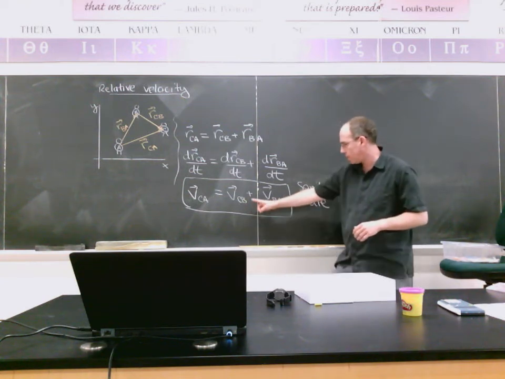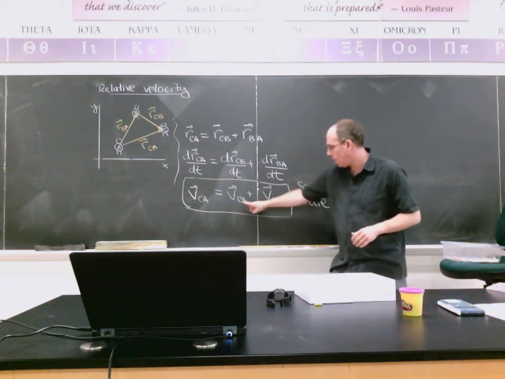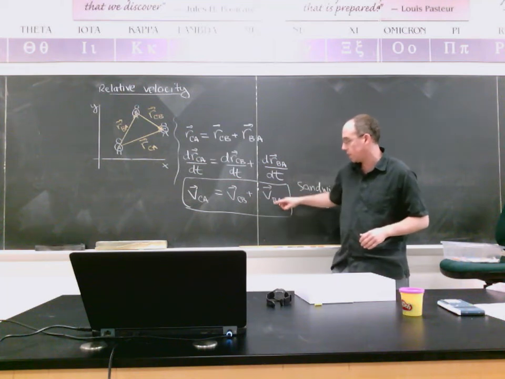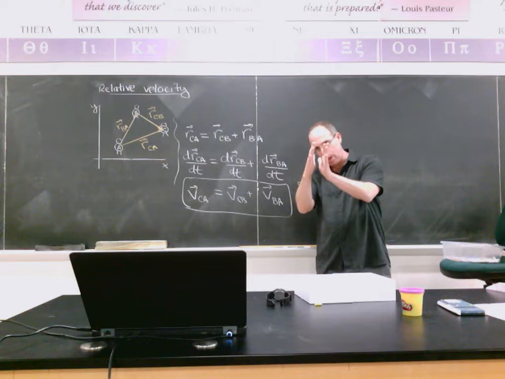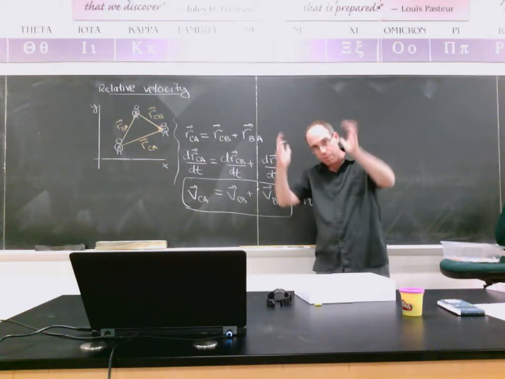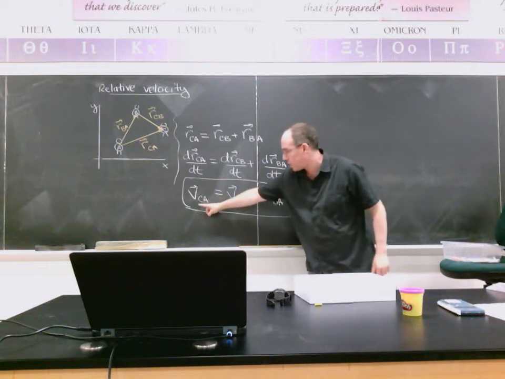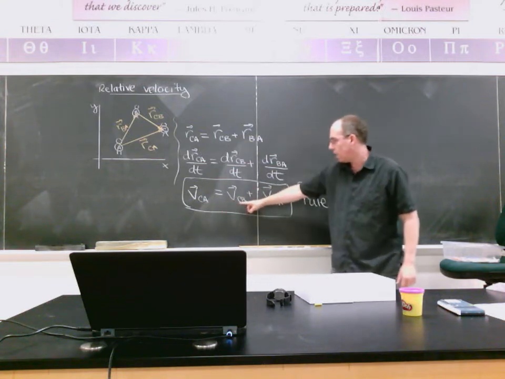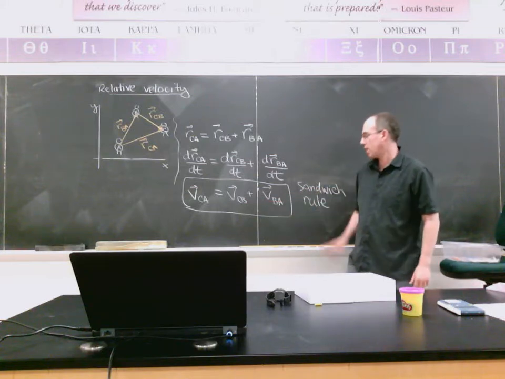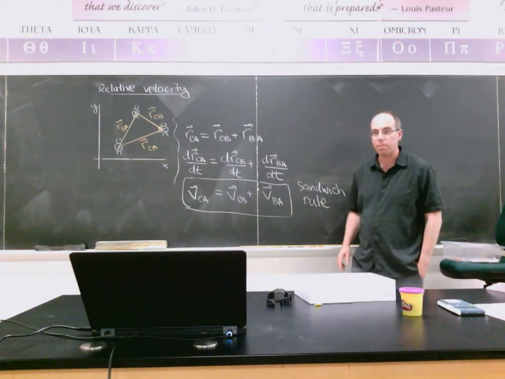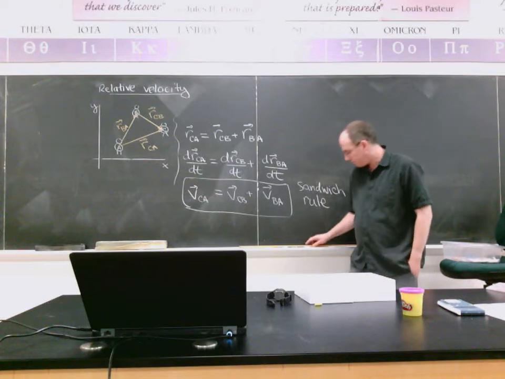And on the right you have C and A on the outside, and then the B's in the middle, right? So it's like you start with C and A, like the pieces of bread, separate them, and then drop in a couple letter B's. Thus, velocity of C with respect to A equals velocity of C with respect to B plus velocity of B with respect to A. It's like a sandwich with the B's. Okay?